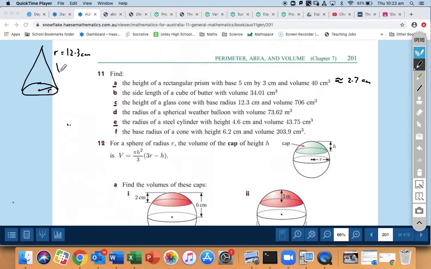The volume is 706. If we were working out the volume normally, we'd need to know the height of the cone. So the volume of a cone is 1/3 times pi r squared times the height.